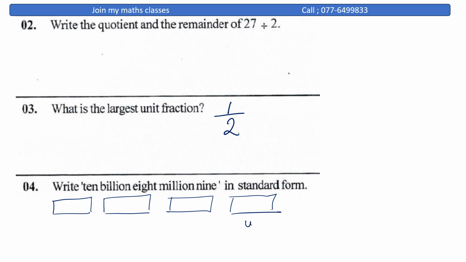This is units, this is thousands, and this one for millions, and this is for billions. Actually I am telling you the way you should do in case you get some other number. You have to follow this method.